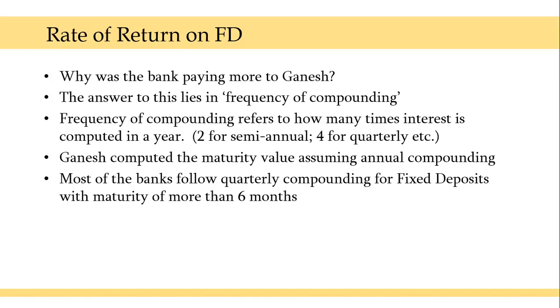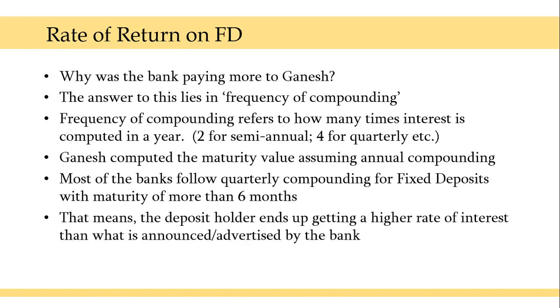That means if you invest in a reinvestment fixed deposit or a cumulative fixed deposit where you don't want to receive interest in between, and if the maturity is more than 6 months, normally banks use a quarterly compounded interest rate. That means the deposit holder ends up getting a higher rate of interest than what is announced or advertised by the bank. Let us call what the investor is actually getting the effective rate of interest.